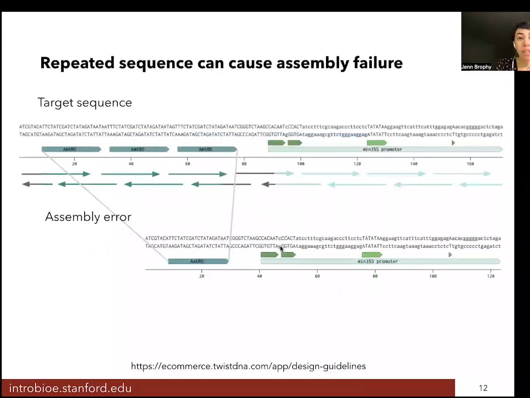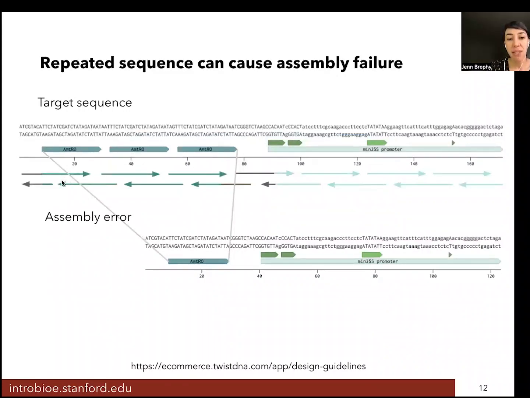The only problem is that the methods don't do well with repeated sequence. So sort of for the same reason, it's difficult to sequence repeated regions of a genome using short reads, it is difficult to synthesize repeated regions of DNA using short oligonucleotides, right?